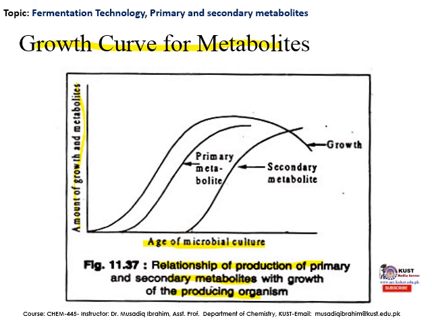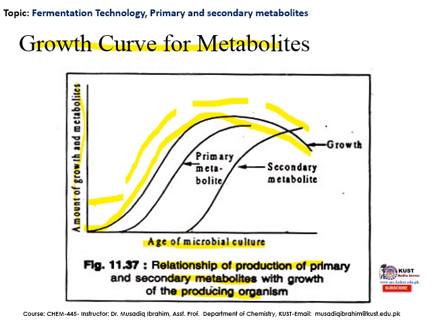If we look at the first line, this line shows the growth of the microbial cells, which is pretty much similar to the previous slide, in which the microbial cells have a lag phase, then an exponential phase, then a stationary phase, and then ultimately a death or declining phase.